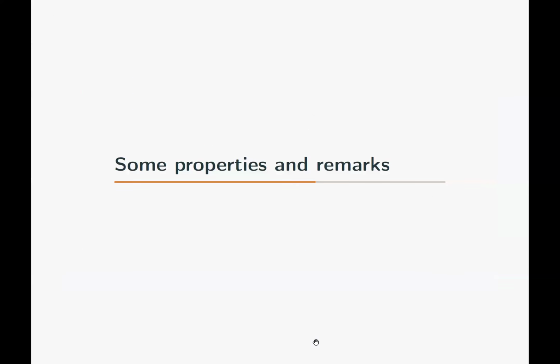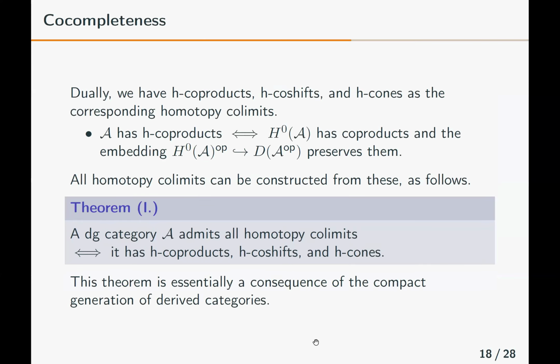Let me mention some further properties. Dual to homotopy limits, we also have homotopy colimits. In particular, we have h-coproducts, h-coshifts, and h-cones as the corresponding homotopy colimits.